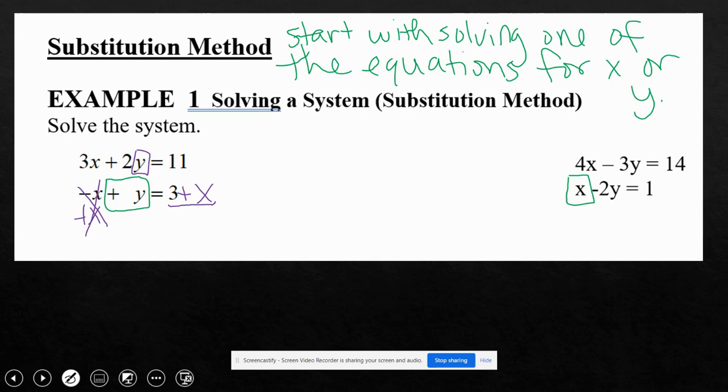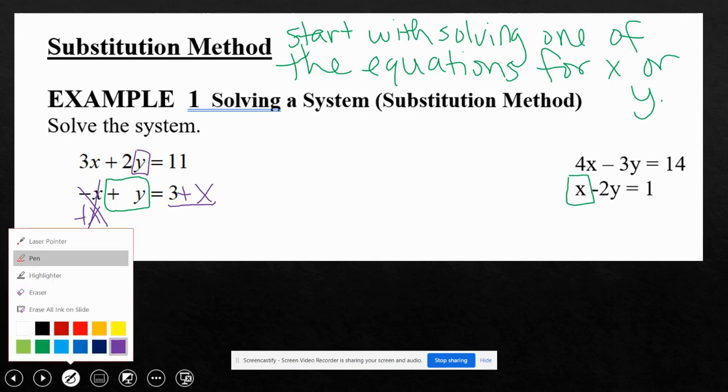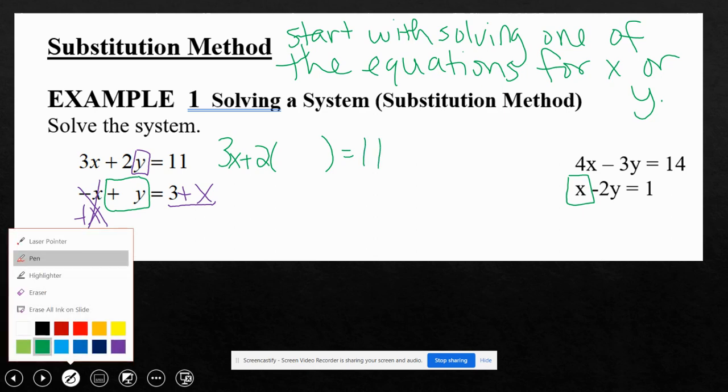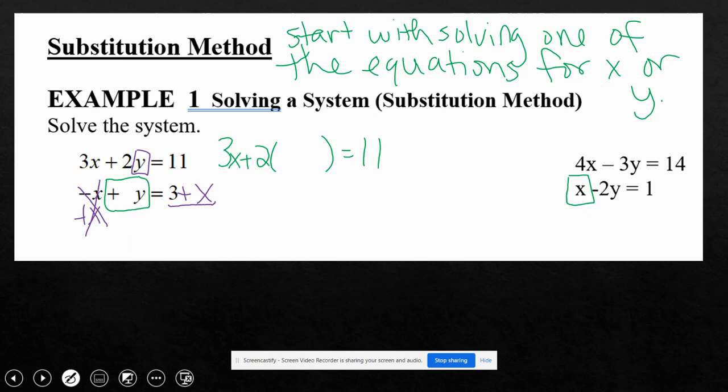That's the only thing that's changing when I solve this problem. So I keep the 3x plus 2y equals 11. All of that stays the same. I'm putting this in here, and I'm simplifying the problem and solving for x.